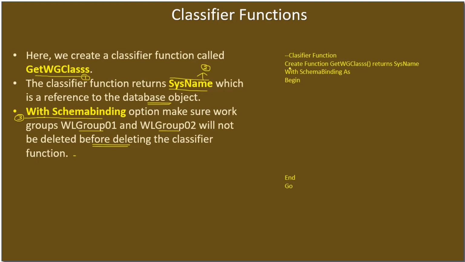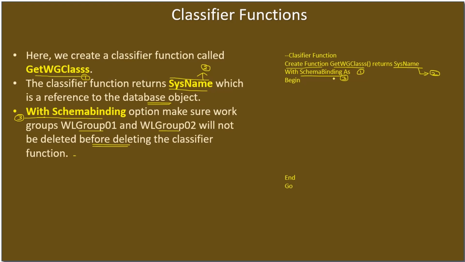Here we are using the create function syntax, just like how you create a normal function. Function name is getWG class. It returns sysname, so this denotes the function can return any database object, with schema binding.